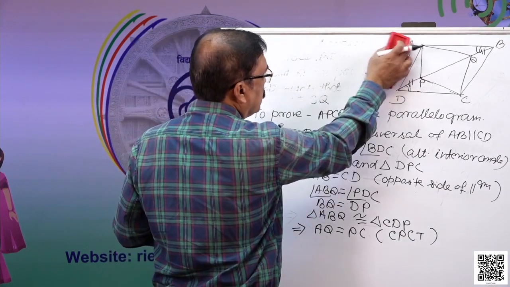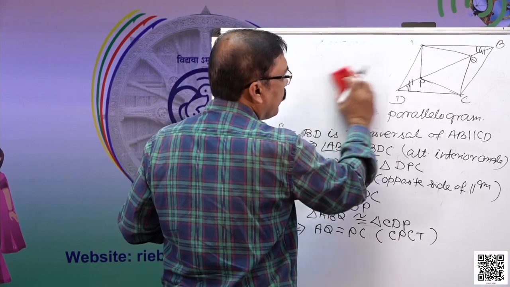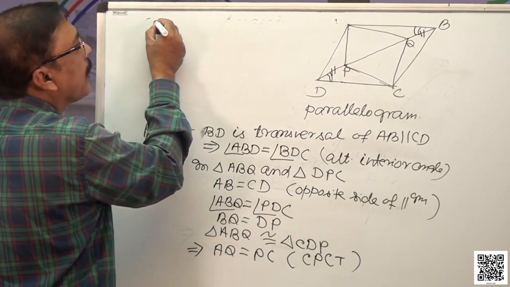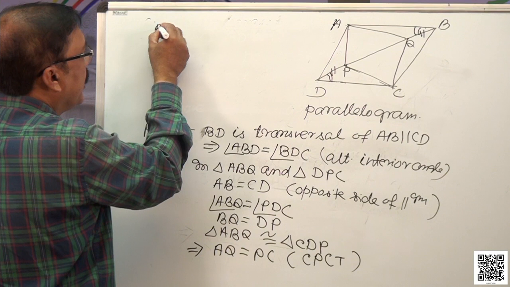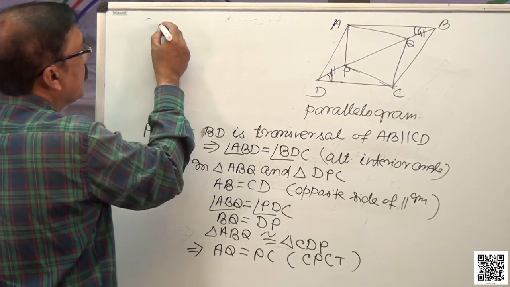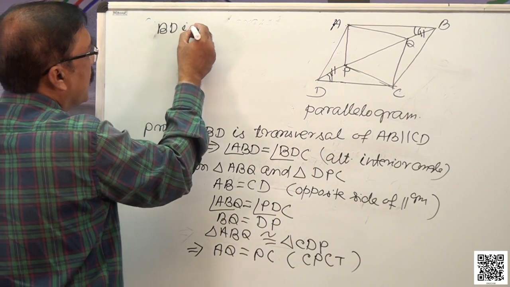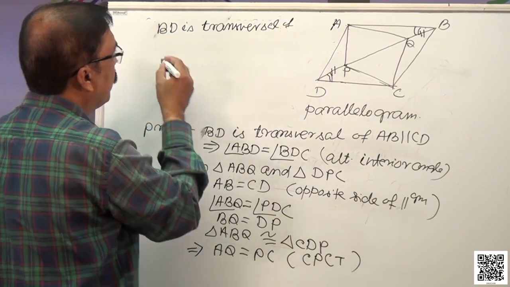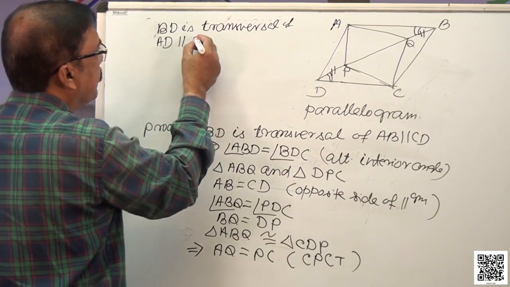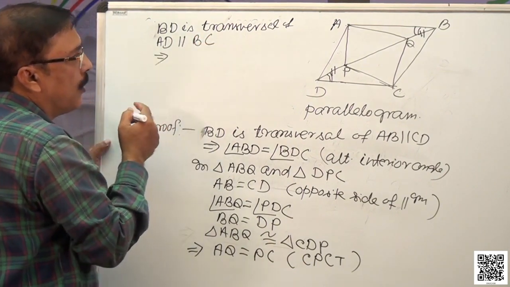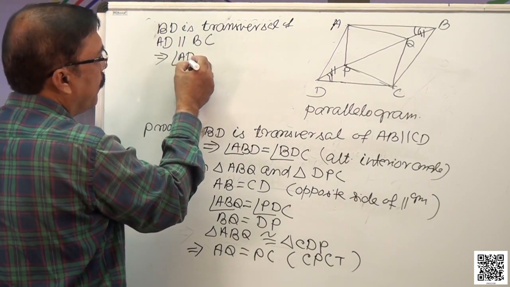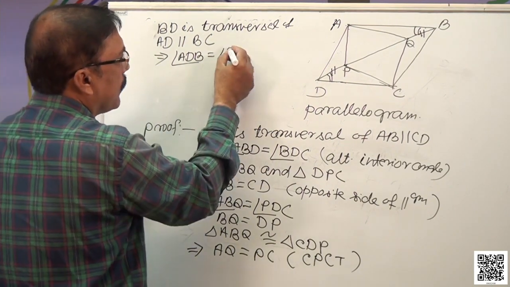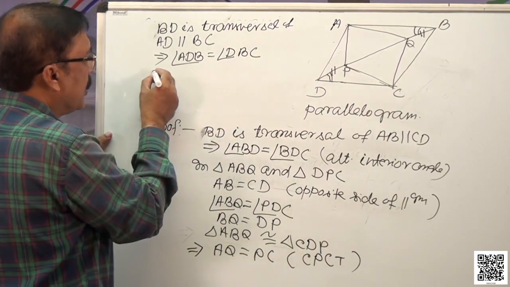Now, in similar manner, we can prove that AD, the transversal is BD, so BD is transversal of AD parallel BC. So angle ADB is equal to angle DBC.